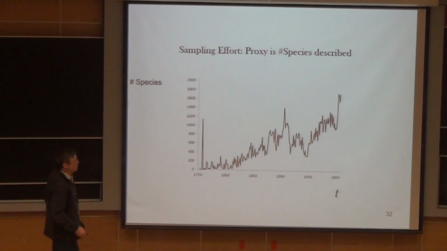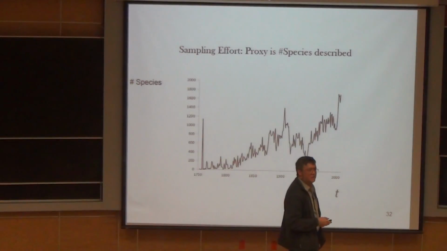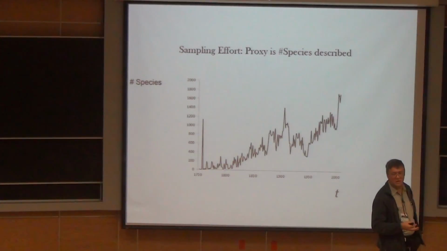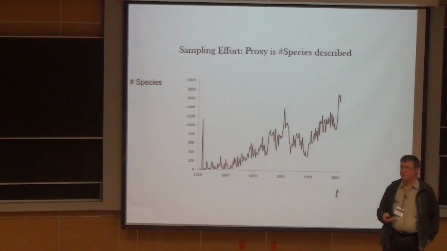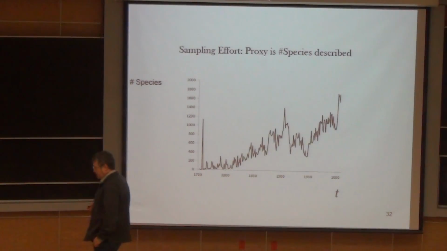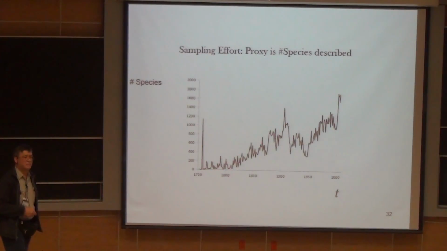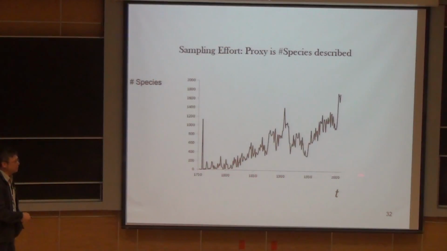So let me show you very briefly. In ecology, the notion of sampling effort is something well known, and in other problems is well established. This is an example of the number of new species discovered by human effort as a function of time. So this is simply how many new have we discovered as a function of time.